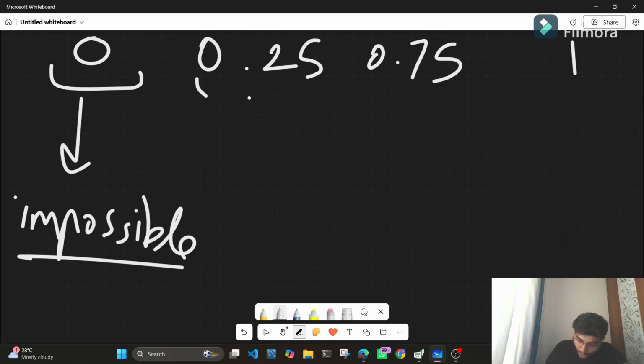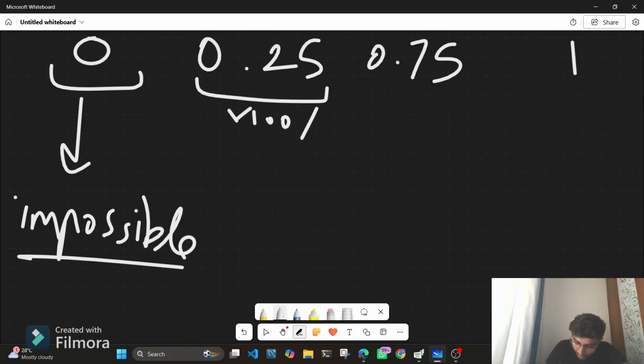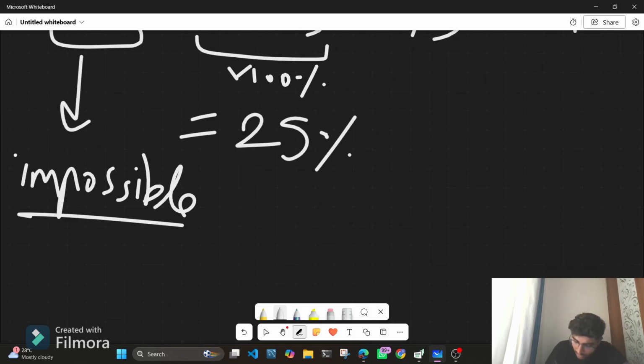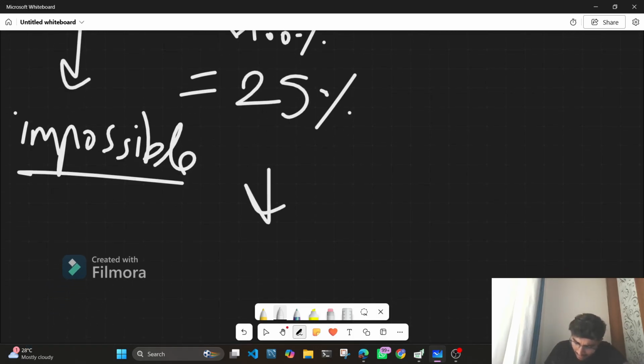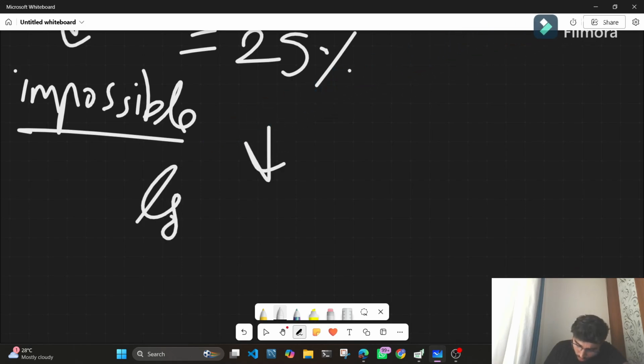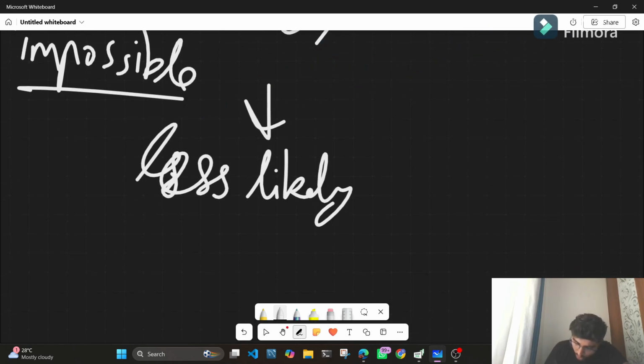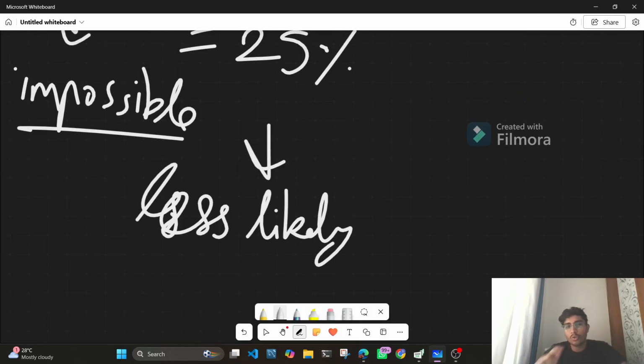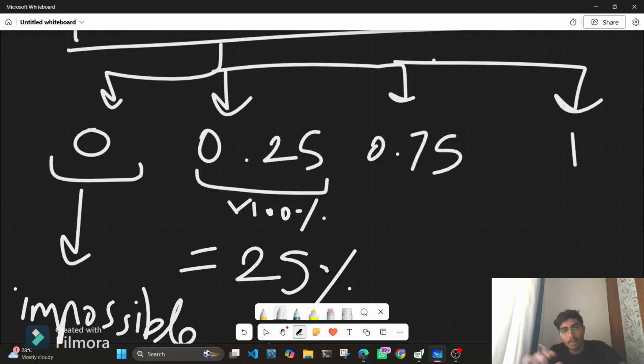Now, if I say 0.25, if I convert this into percentage by multiplying it by 100, I get 25%. So in a subjective way, we can say it is less likely for you to win the match tomorrow. Out of 100, there is only 25% chance that you will win the match tomorrow.